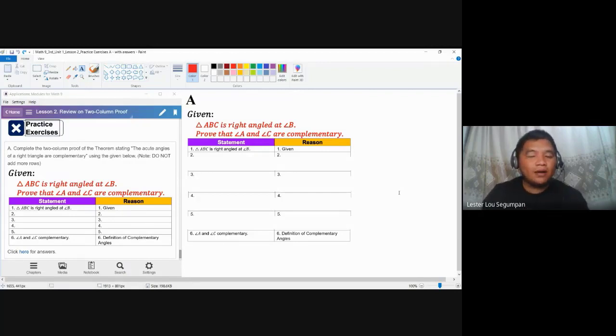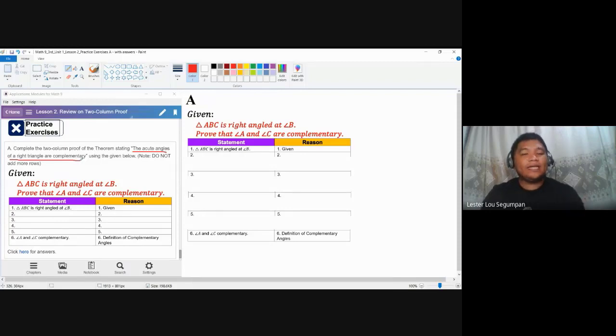So let's talk about the situation here. You would like to prove the statement that the acute angles of a right triangle are complementary. We all know that a triangle has three different interior angles. And we all know, based on our understanding before, that the sum of the interior angles of the triangle is equal to 180 degrees.